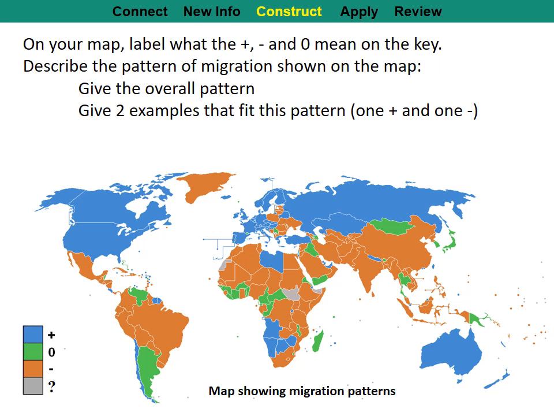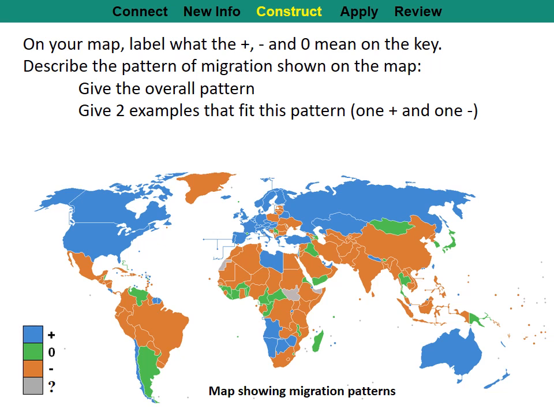So for example, the USA and Australia both have positive migration. And for the negative side, perhaps we could mention Niger, or we could mention India or China or Brazil are countries where people are tending to leave that country. Okay, there are more people leaving than coming in.